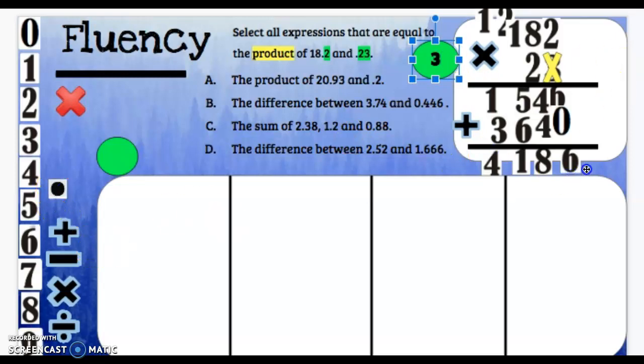So I put it behind the 6 because it's a whole number, and I swoop that many times. Swoop 1, swoop 2, swoop 3. So my number, or my final product, is 4 and 186 thousandths.